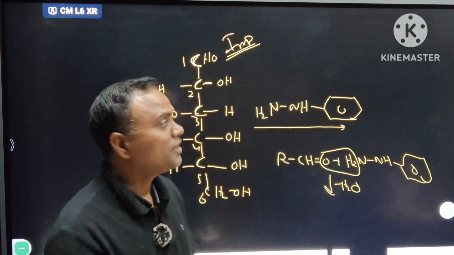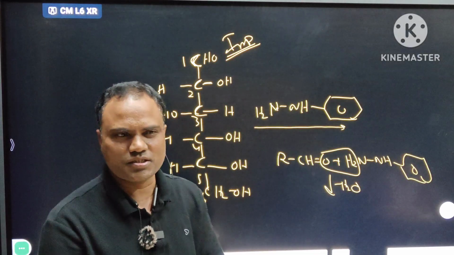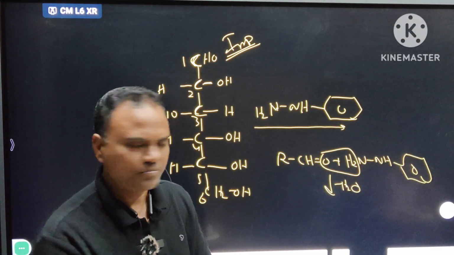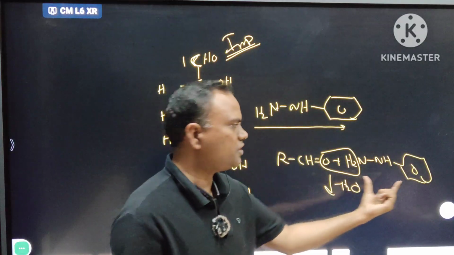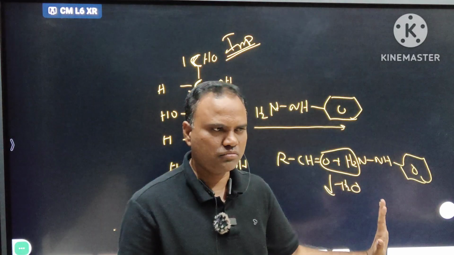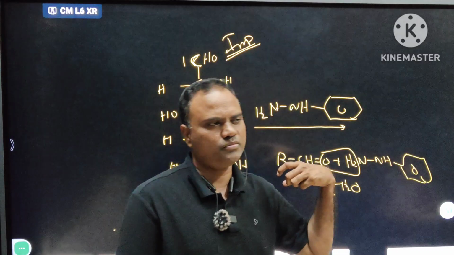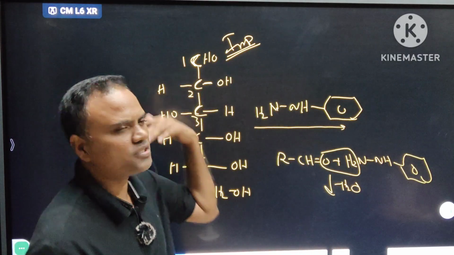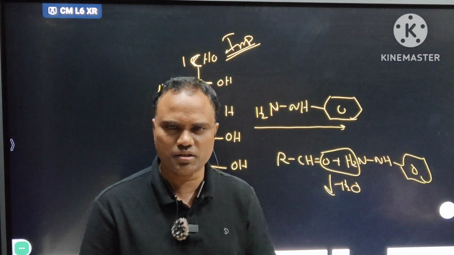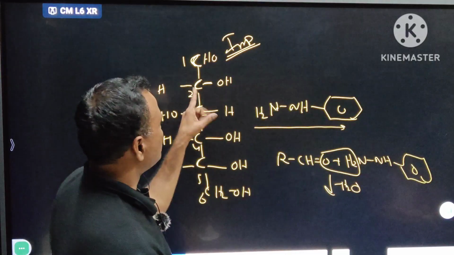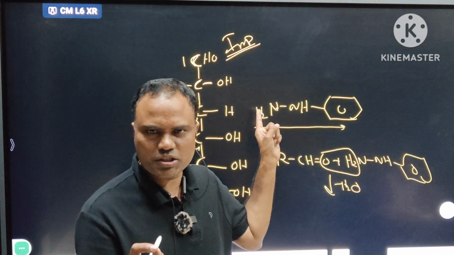How 3? There is only one CHO present. If one CHO is present, 1 mole will be consumed; if 2 CHO groups are present, 2 moles. But in this only one CHO is present. How is it possible? At the second carbon, an OH group is present.